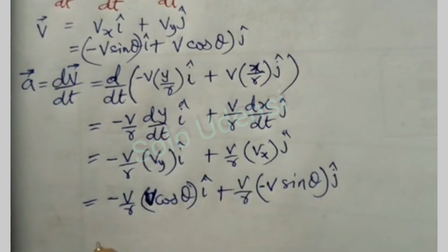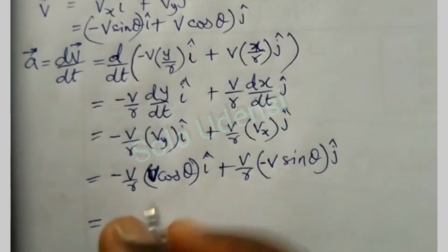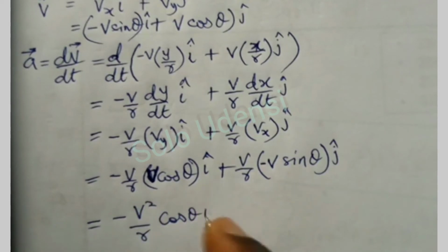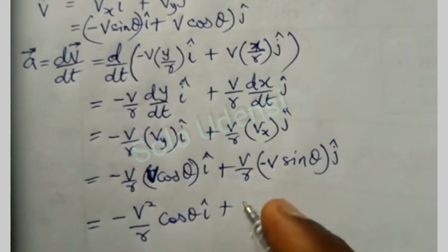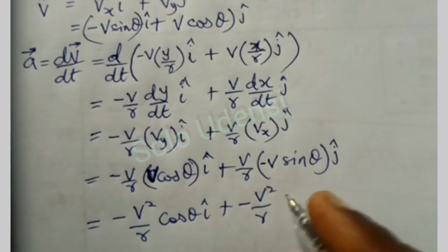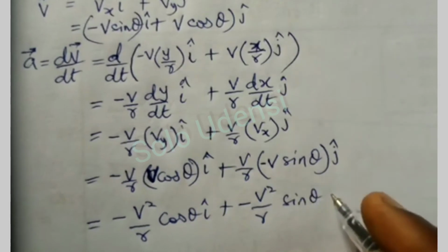So that we have it to be equal to minus v squared over r cos theta i plus minus v squared over r sin theta j.